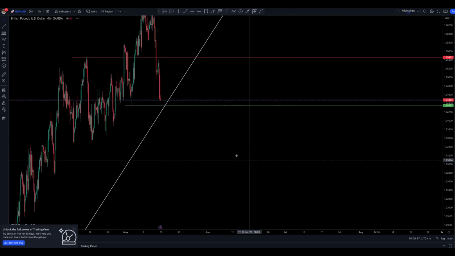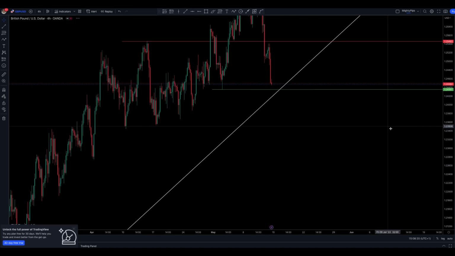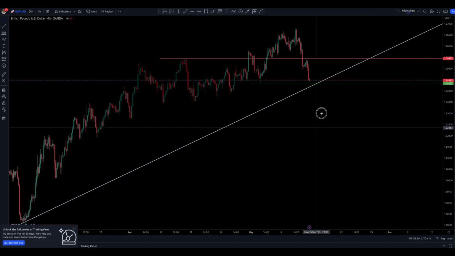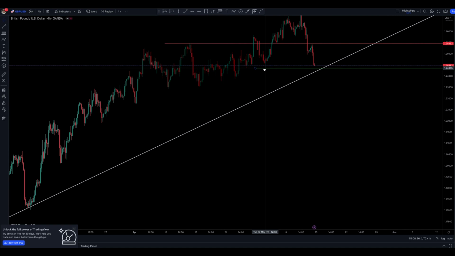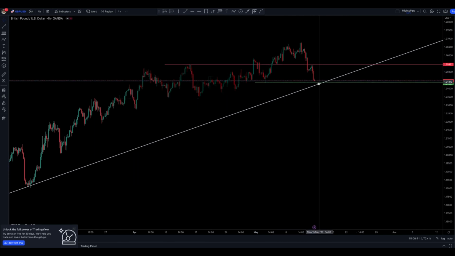Okay, so this swing trading setup, I'm waiting for price to break this green line, which is the previous significant higher low. Once this breaks this green line and breaks this trend line, then I will enter a sell on GBP USD. So I'm waiting for this signal to play out, then I will take that trade.